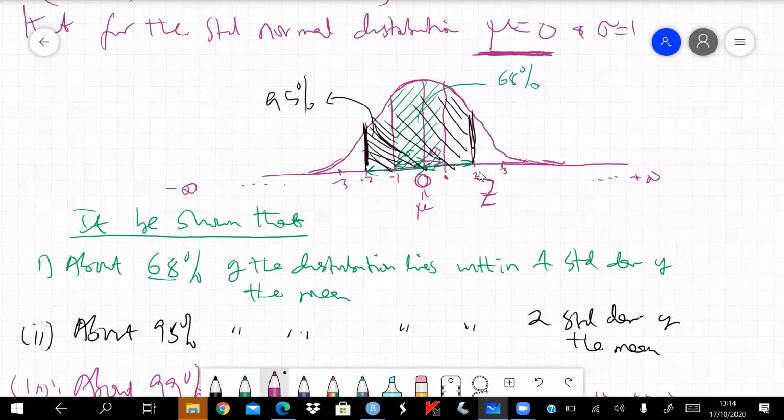So this is minus 2.5 from there, and the other one is here. So this is the area we're talking about.